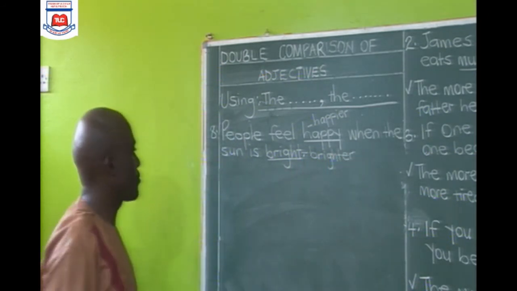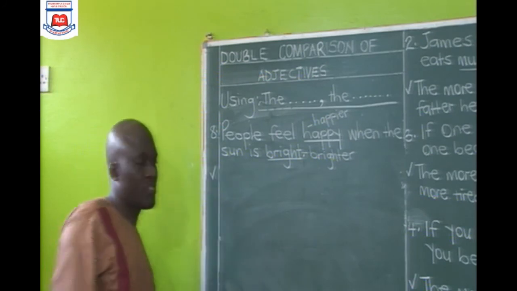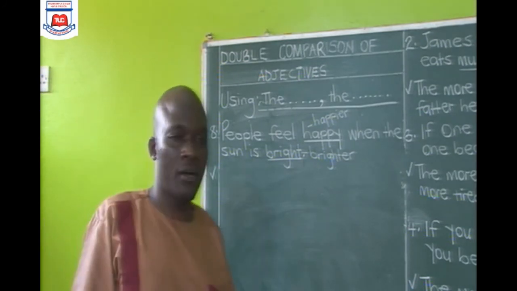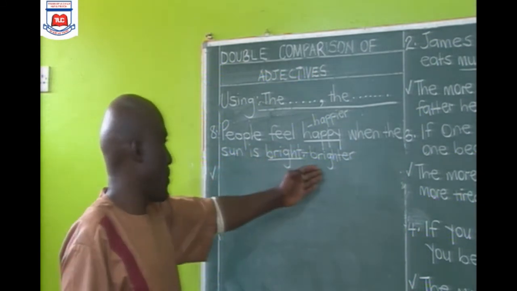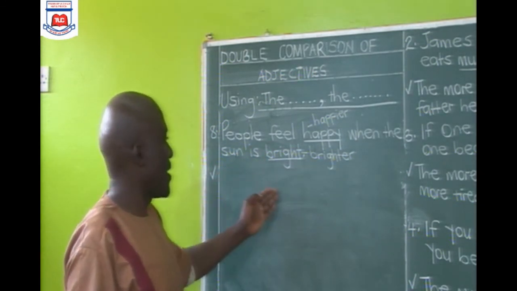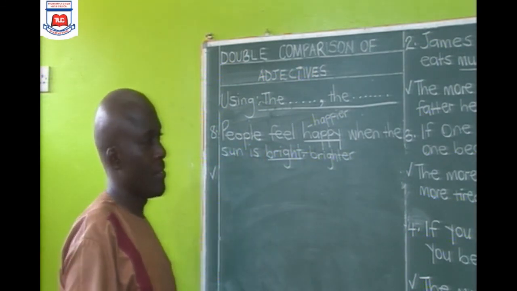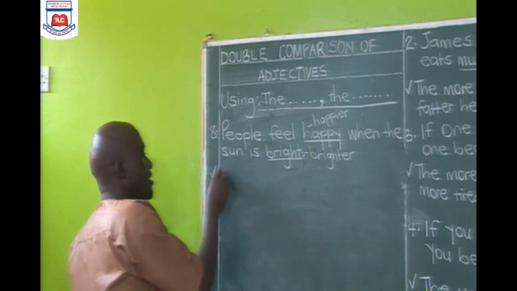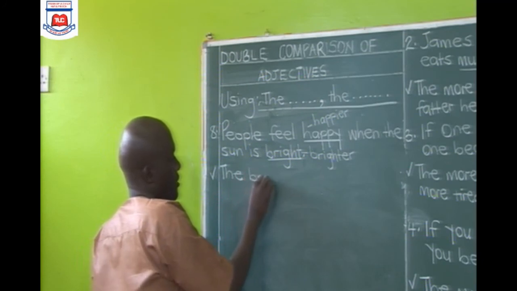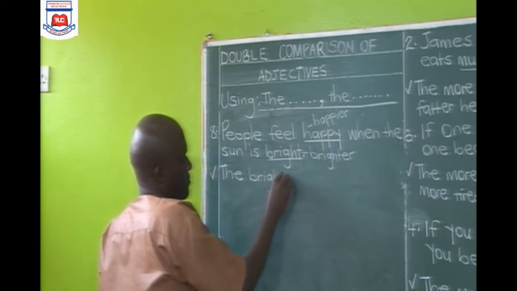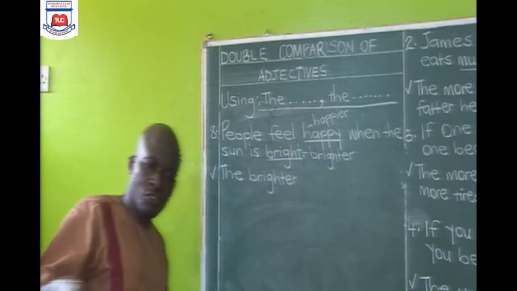So what is going to be our answer in this case? People feel happy when the sun is bright. So the brighter, what is the cause of their happiness?